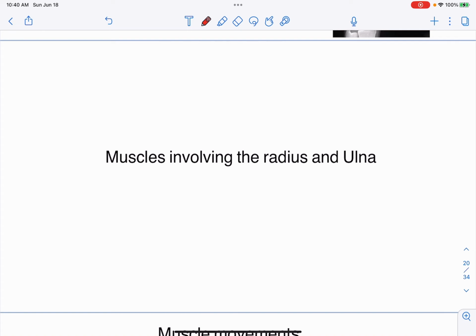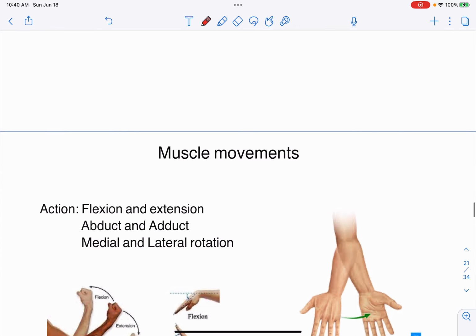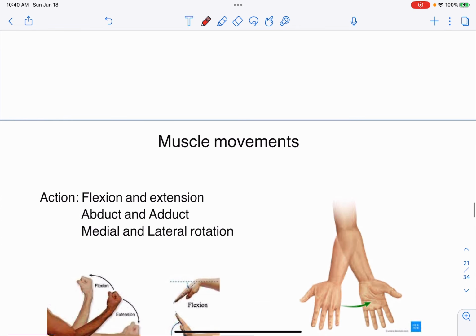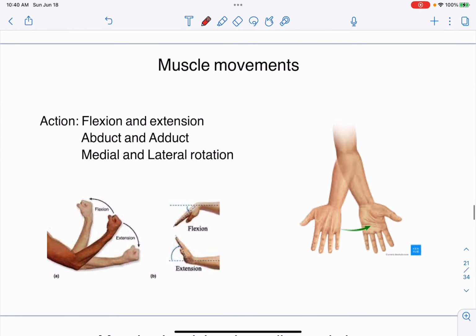So take time to look at that chart. This is also the part of the lecture where I'm only going to show you so many things, but most of the work comes in with you sitting with that lab activity and figuring out the best strategies to memorize these muscles. I'll also show you them when we're in lab and looking at the cadaver.